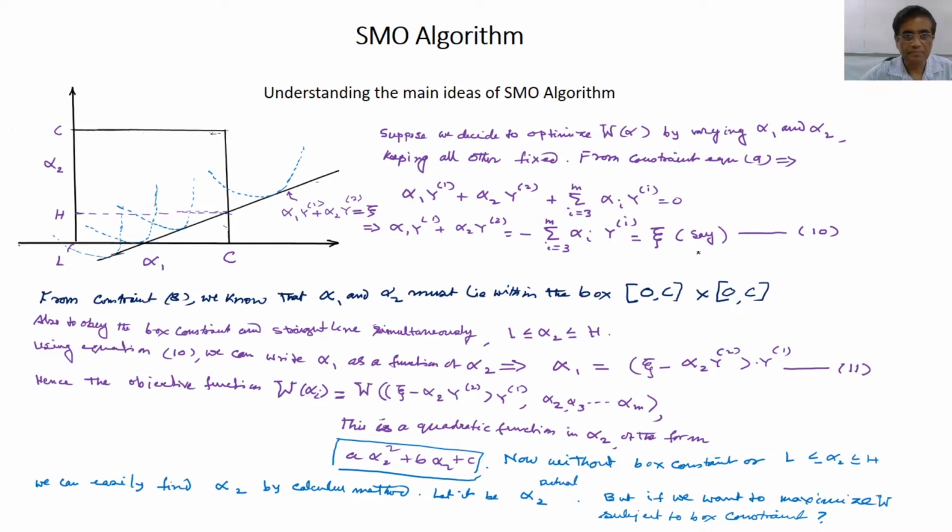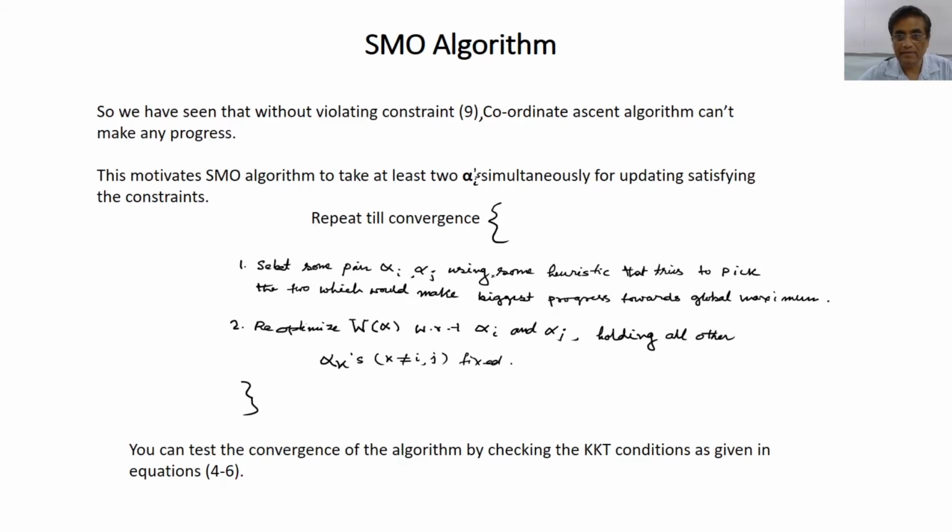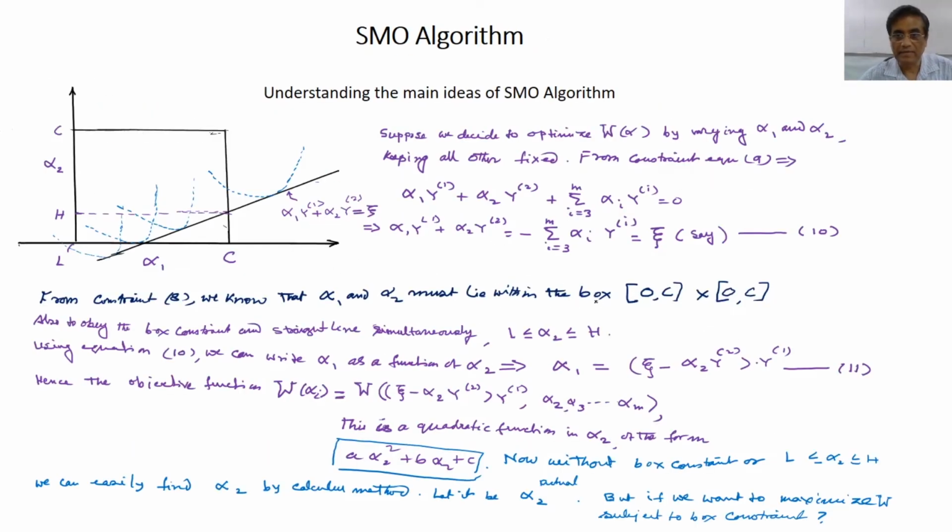Now from constraint 8 we know that alpha 1 and alpha 2 must lie within the box constraint. Here is constraint 8, that alpha must lie between 0 and C. It has to obey the box constraint and the straight line simultaneously.